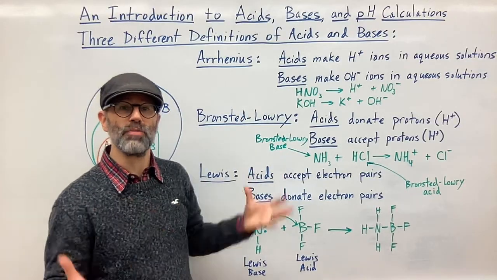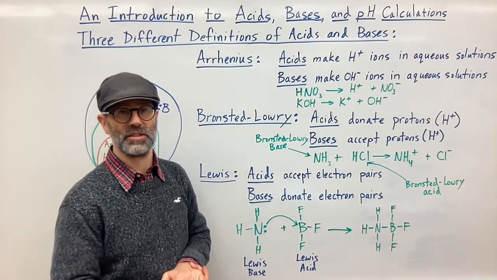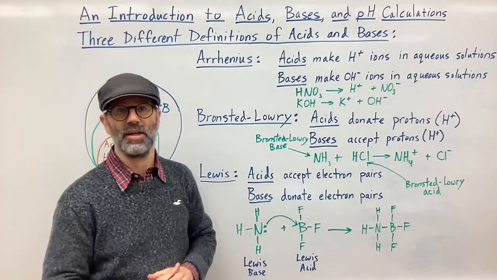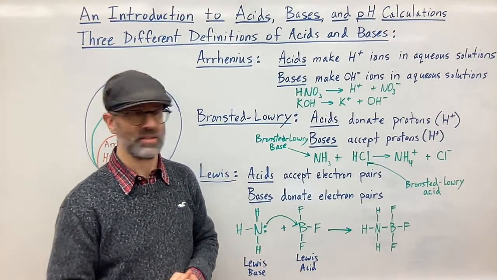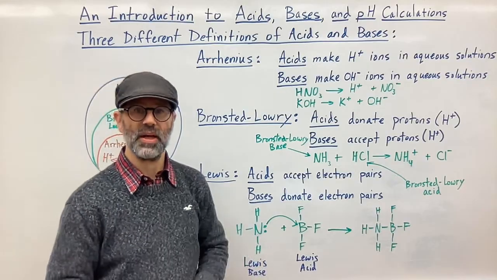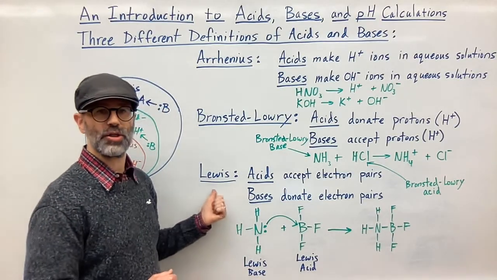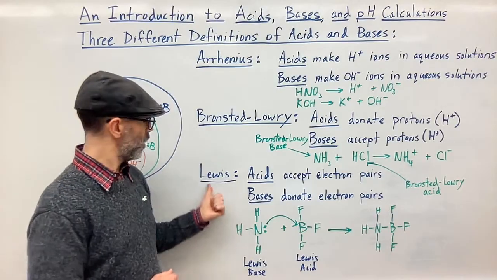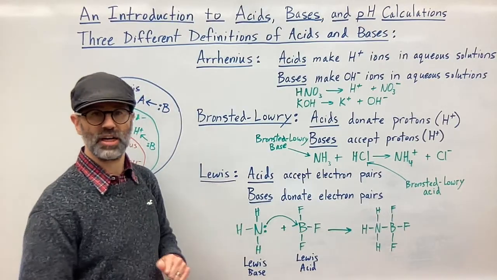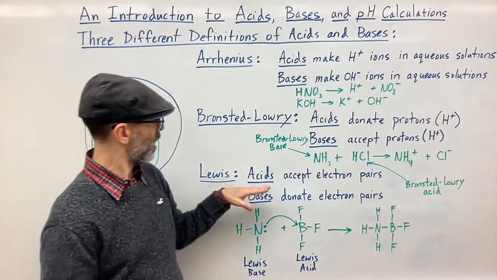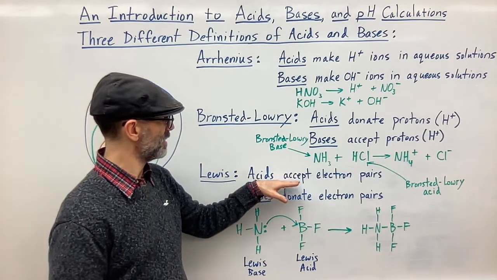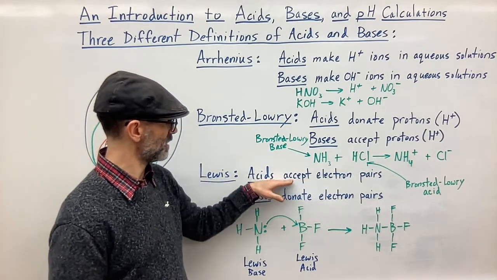It allows more things to be considered acids and bases that would not be allowed to be considered acids and bases under the Arrhenius definition. Now, what about the Lewis definition? So here's our third definition of acids and bases. According to the Lewis definition, an acid is an acceptor of electron pairs. It accepts electron pairs.